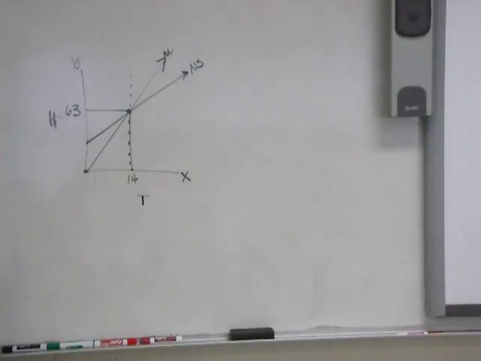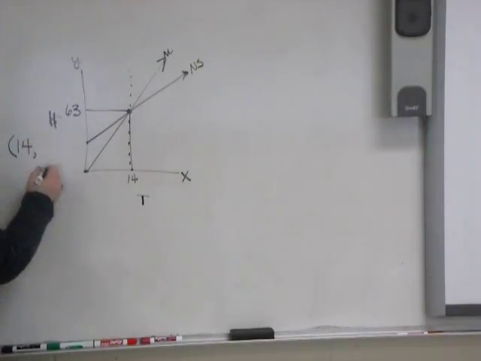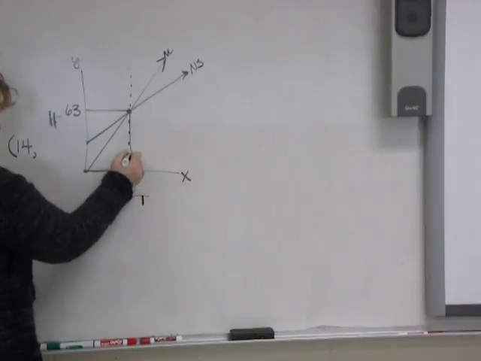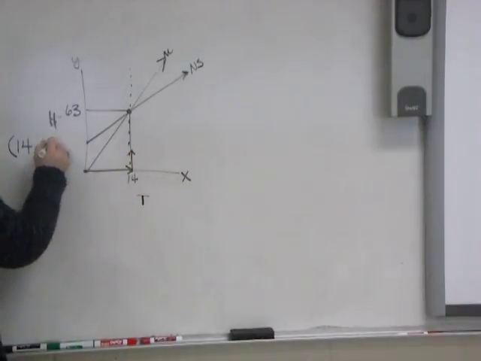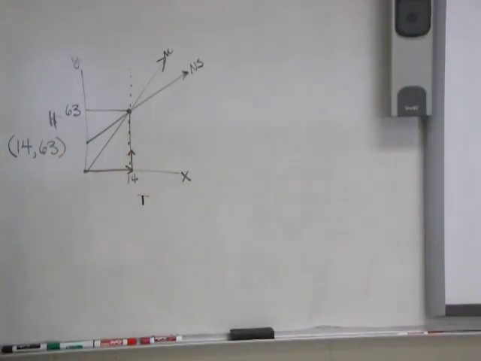And that's what we're talking about when we talk about the point of intersection. We had it written as an ordered pair, that at 14 t-shirts, going over to 14 and up to 63 is where we would find that point of intersection. So we were able to see it on the graph.